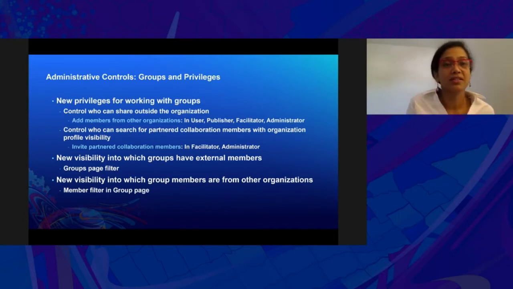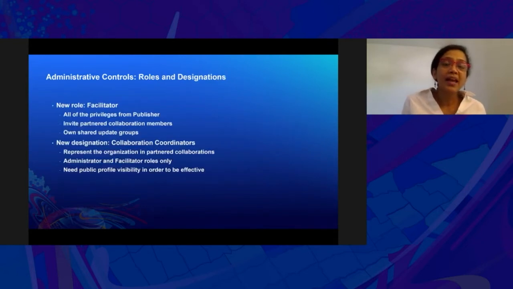And for other administrative controls, there's a new role, facilitator, and this role has all of the privileges from publisher. It's got the new invite partner collaboration members privilege, as well as the privilege to own shared update groups. We've got a new designation, collaboration coordinators.